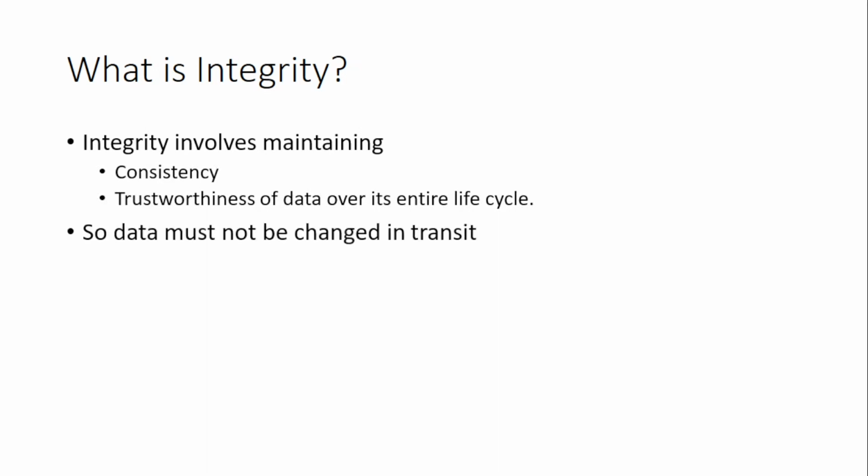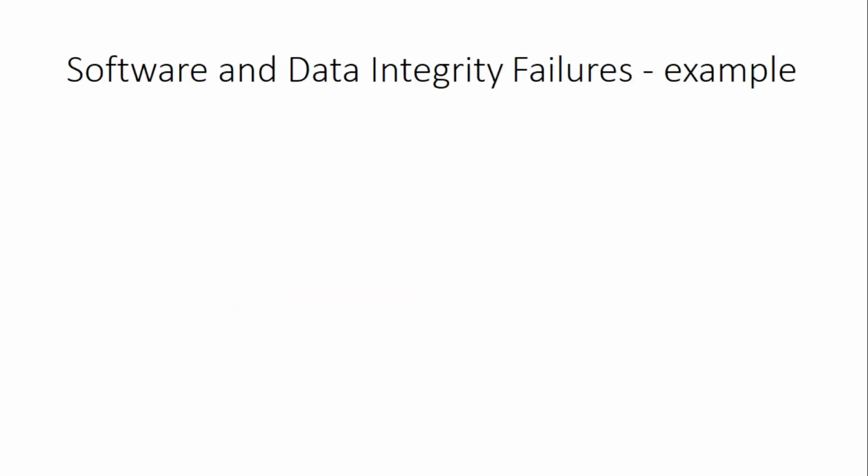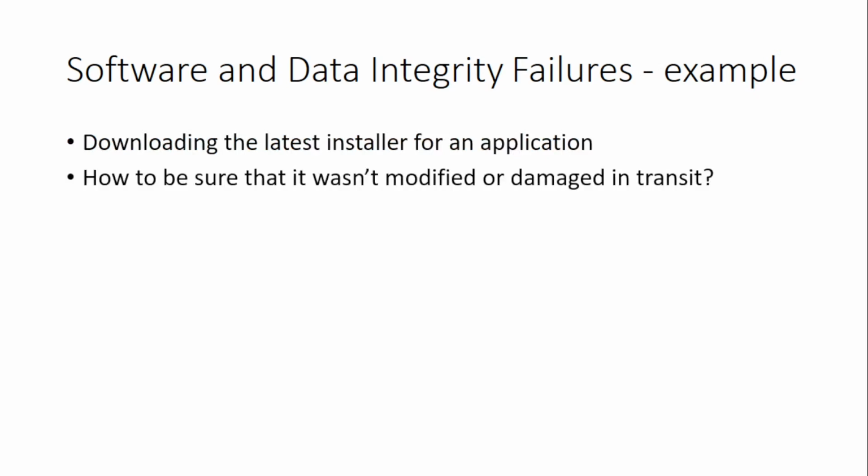So data must not be changed in transit, and precautionary steps must be taken to ensure that data cannot be altered by unauthorized people. So for example, let's say you download the latest installer for an application. We want to be sure that it wasn't modified or damaged in transit. And how to do so?